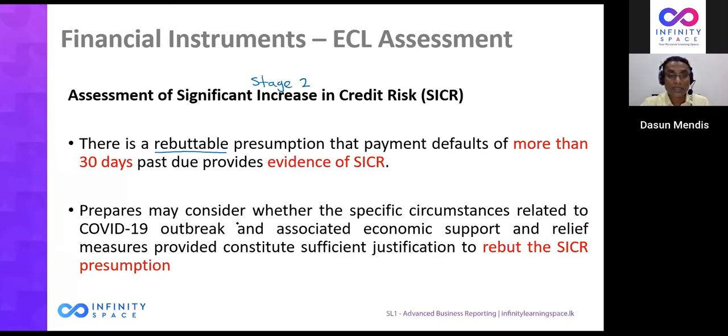However, preparers may consider whether the specific circumstances related to the COVID-19 outbreak and the associated economic support and relief measures constitute sufficient justification to rebut this presumption. So if you have enough information to challenge the assumption, you can say that even if it is more than 30 days overdue, it is still in stage number 1. I hope you understood.